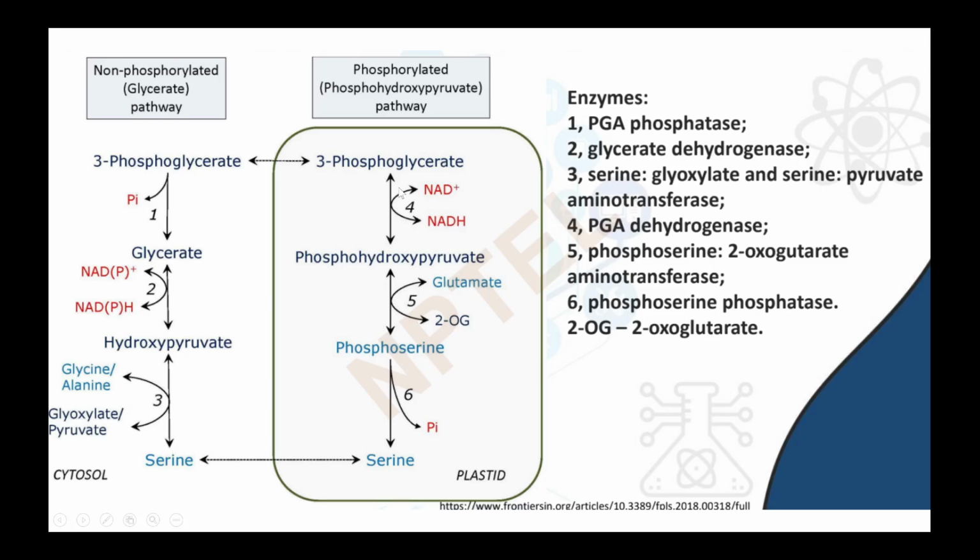In the phosphorylated pathway, it's first dehydrogenation and transamination occurring, and then the last step is dephosphorylation. Okay, so if the dephosphorylation is occurring in the first step, it is called the non-phosphorylated pathway, or if the dephosphorylation is occurring at the last step, it is called the phosphorylated pathway.